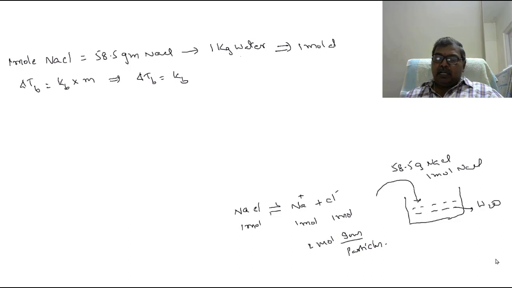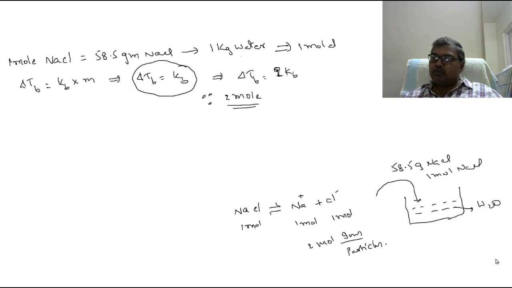So here, normally delta Tb equals Kb, but here we get delta Tb equal to 2 Kb, because the total number of particles present in the solution is 2 moles.